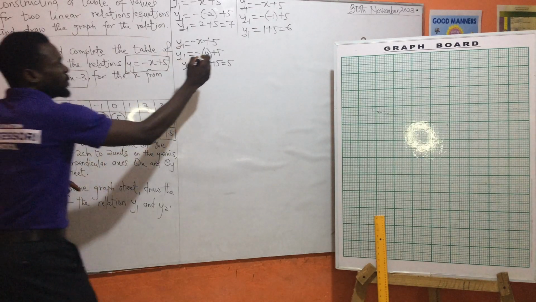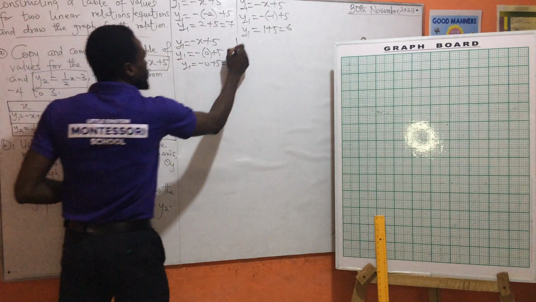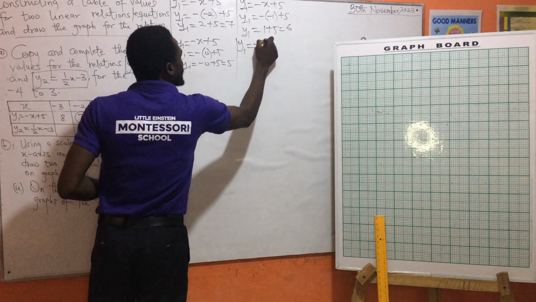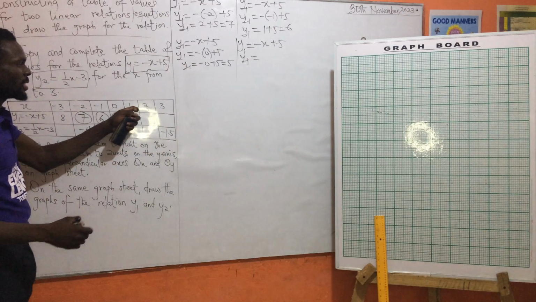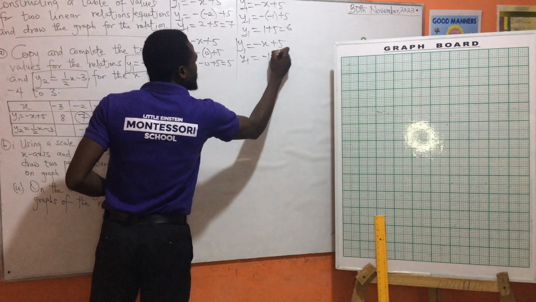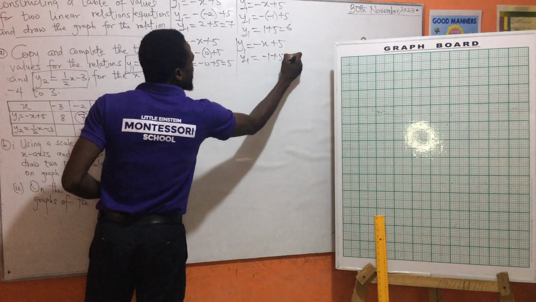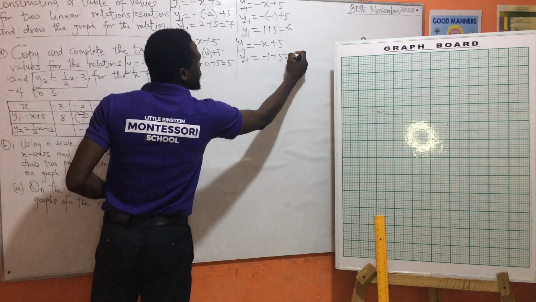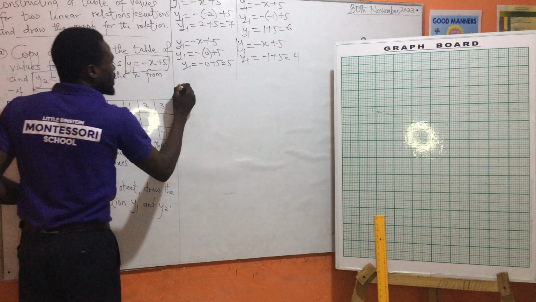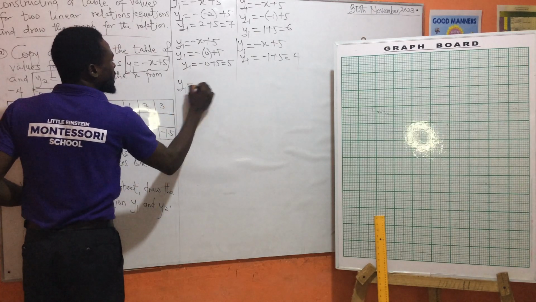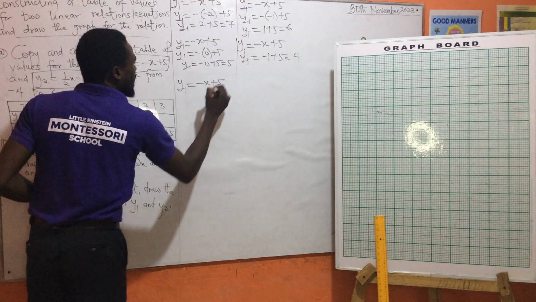So we keep on doing it till we are done with the table. y1 is equal to negative x. x is 1, so negative 1 plus 5, which is equal to 4. So this is 4, circle. Then we have y1 again equal to minus x plus 5.